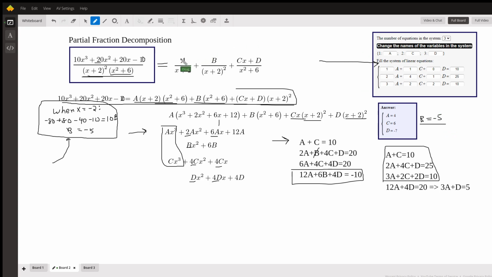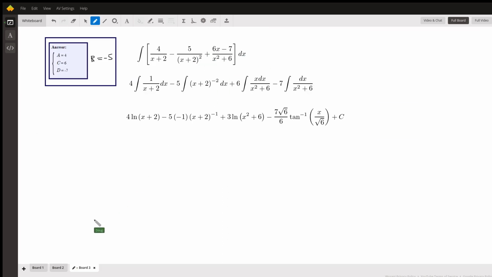So substitute those values here and then find the antiderivative term by term. Here's what that looks like. Antiderivative: A is 4 over x plus 2, B is negative 5 over x plus 2 squared, and plus 6x minus 7 over x squared plus 6. Now we're going to have to divide this x squared plus 6 into each term of the numerator here.